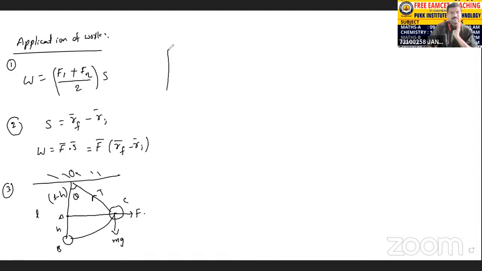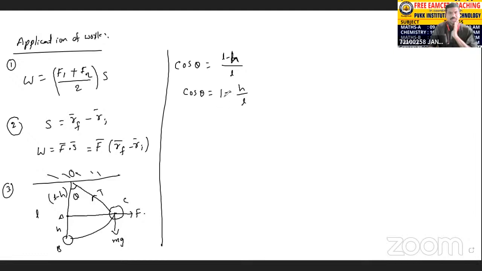From the figure, cos theta is equal to adjacent by hypotenuse, that is (L minus H) by L. So cos theta is equal to 1 minus H by L. So H by L is equal to 1 minus cos theta, and H is equal to L into (1 minus cos theta).